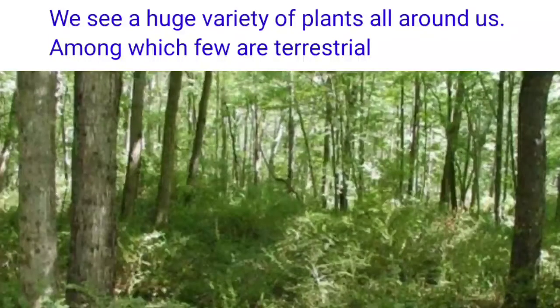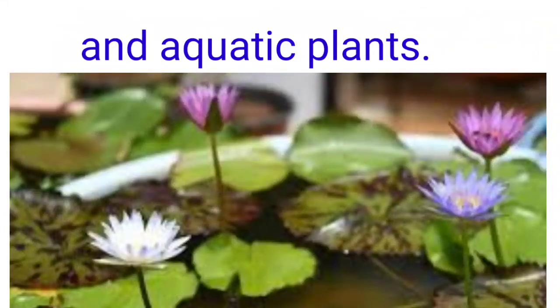My dear little champs, we see a huge variety of plants all around us, among which a few are terrestrial, meaning the plants that grow on the land part of the earth, and aquatic plants, meaning the plants growing in the water, like lotus and many more plants.